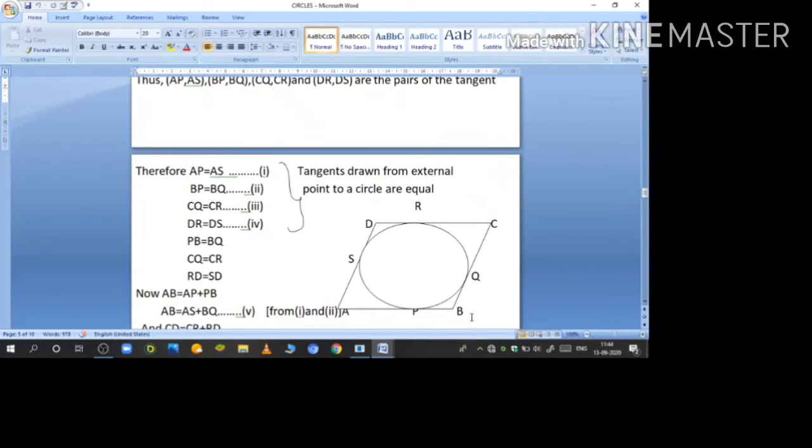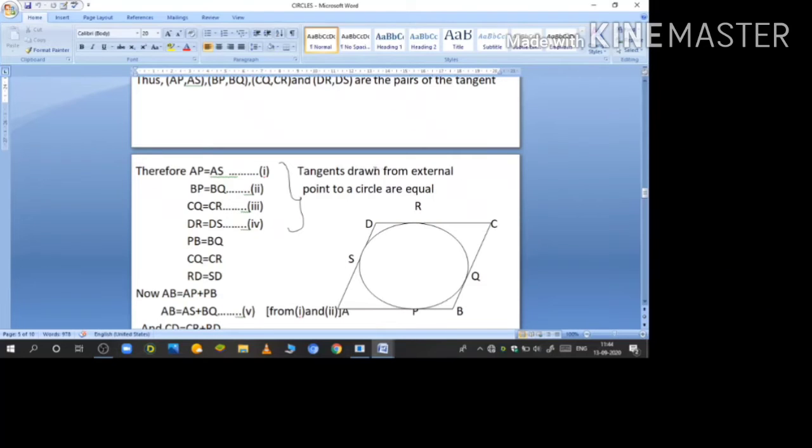AP is equal to AS. You can see AP is equal to AS, BP is equal to BQ, CQ is equal to CR and DR is equal to DS. These are tangents drawn from an external point to a circle, and they are equal.